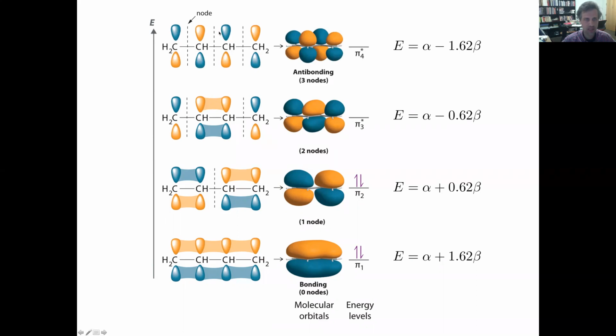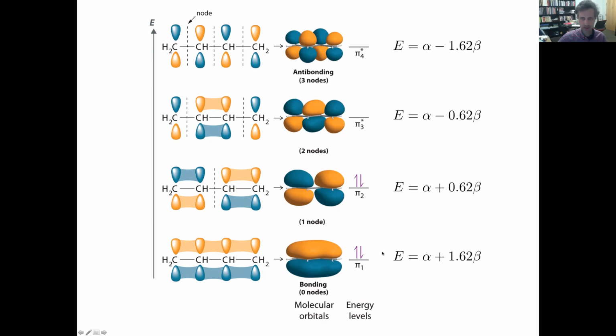So it's now an alternating phase between each of the p orbitals. Okay, so this is still a molecular orbital, even though it has nodal planes between all of these atoms, right? This is evidently the highest energy situation, and it has the energy alpha minus 1.62 beta. Okay. So this is what we then find for the energies.